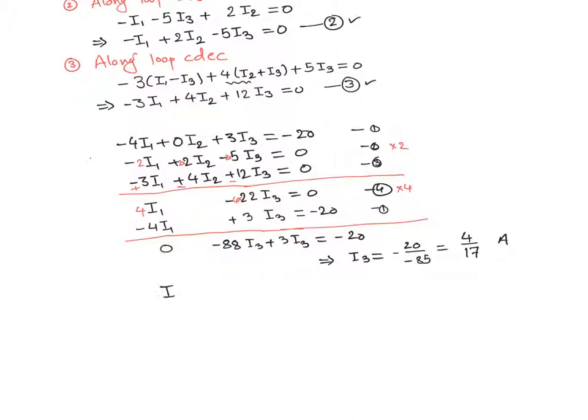Equation 4 is I sub 1 minus 22 I sub 3 equals 0. That means I sub 1 equals 22 times I sub 3, which equals 22 times 4 divided by 17. So I sub 1 is 88 divided by 17 amps.